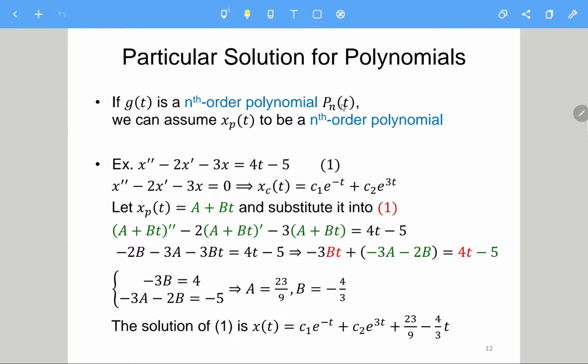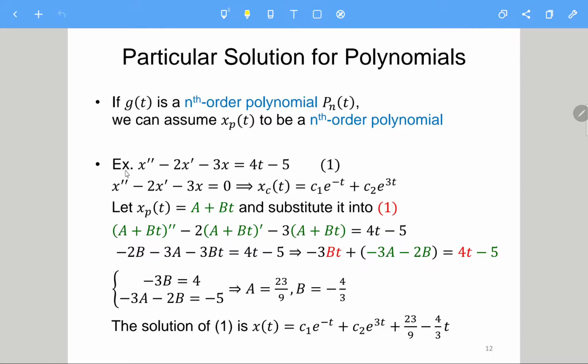Of course, t is the independent variable, and n specifies the order of this polynomial. Then we can assume xp to also be an nth order polynomial. So let's see an example.